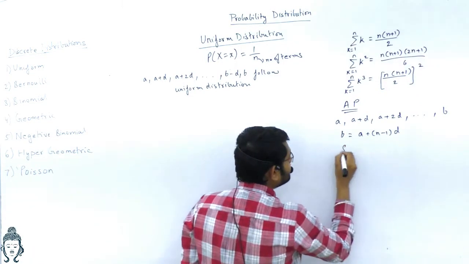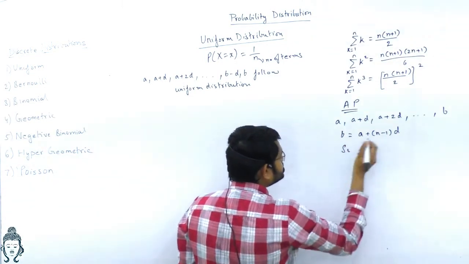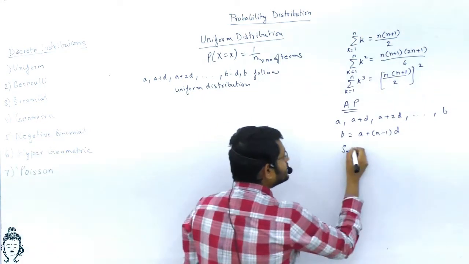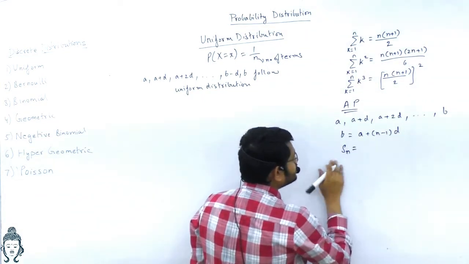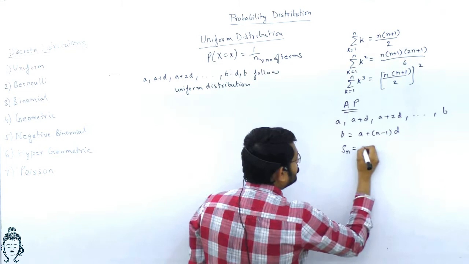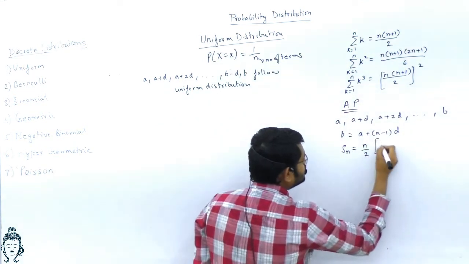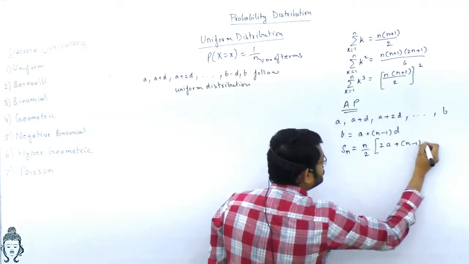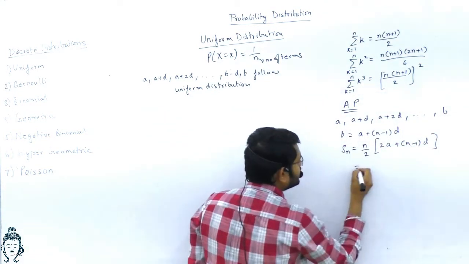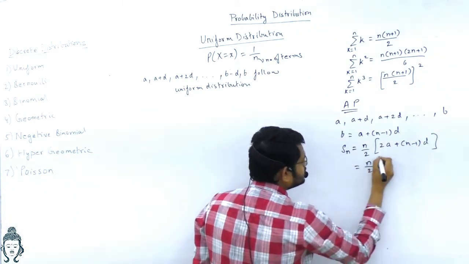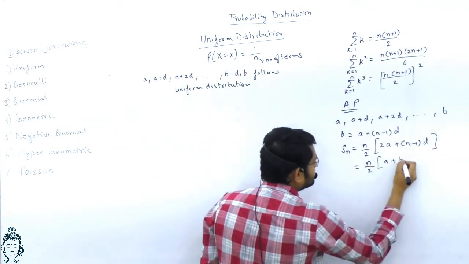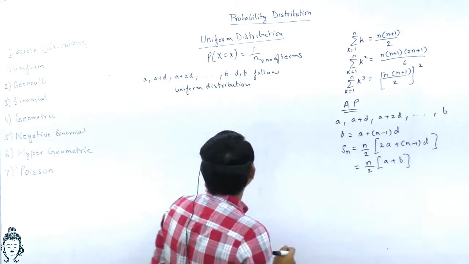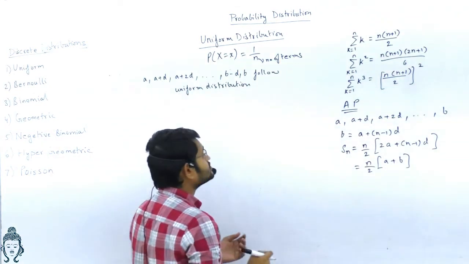Now the sum of first n terms, or I'll just write it as Sn, of an arithmetic progression is going to be n by 2 into 2a plus n minus 1 d, which is also n by 2 into a plus b. Now just bear with me and look at these terms.